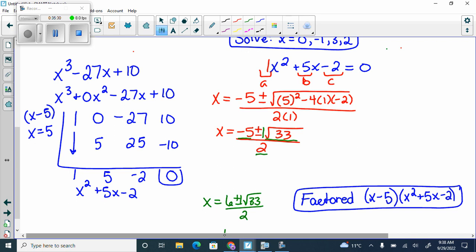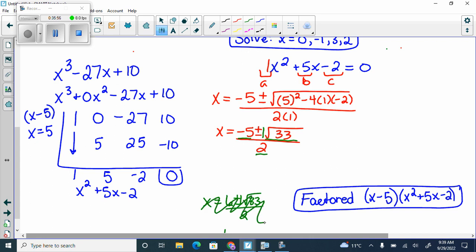Do not try to reduce it further, even though all this work is sad. And you should catch your error if you reduce it wrong. Because if I put this in as 6 plus root 33 divided by 2 in the fraction button, or if I have the TI, I take the top by itself divided by the bottom, it should match the decimal you got on your calculator, right? If it doesn't match, you may have reduced wrong, because you can check the answers on your calculator.